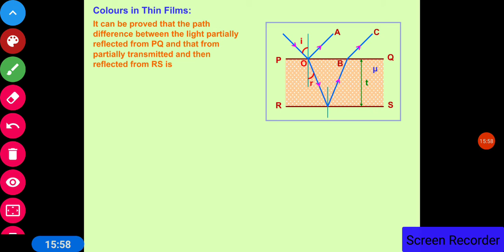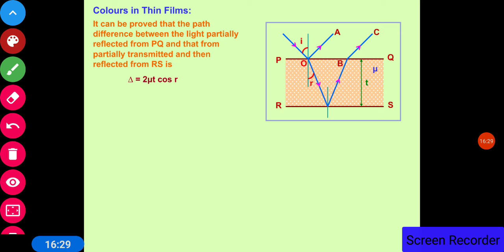So it can be proved that the path difference between the light partially reflected from PQ and that partially transmitted and then reflected from RS can be calculated, but that calculation is not in your syllabus.